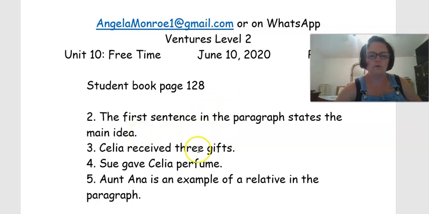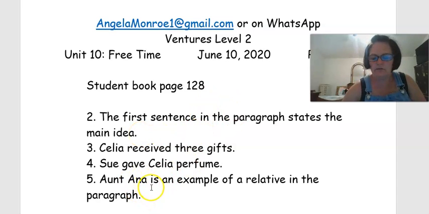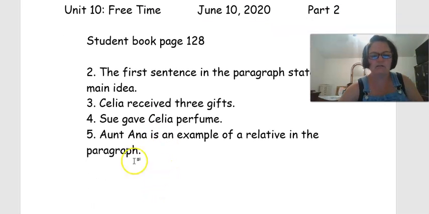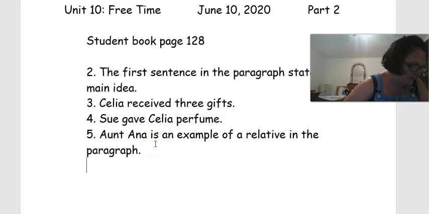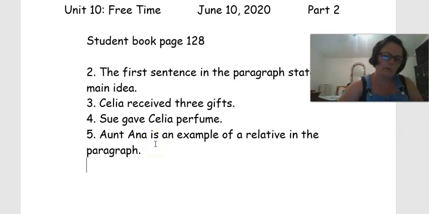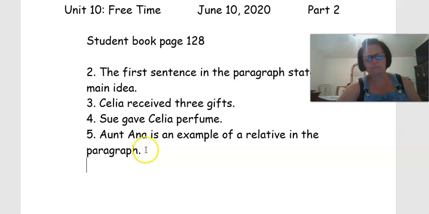Okay, so when you're answering these, just like the ones we have practiced so often in class, you're restating part of the question in the sentence. So Aunt Anna is the answer, but is an example of a relative in the paragraph is also part of the question. So remember, we're using part of the question to fill out our answer.